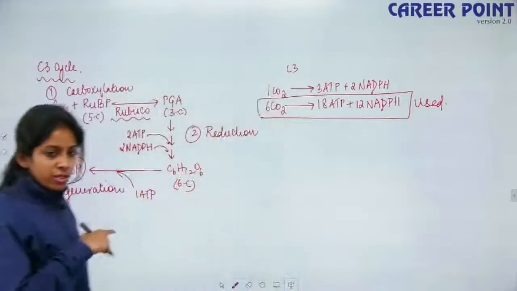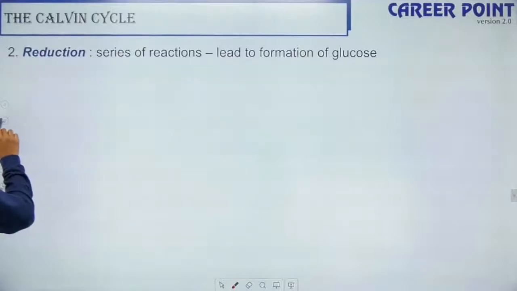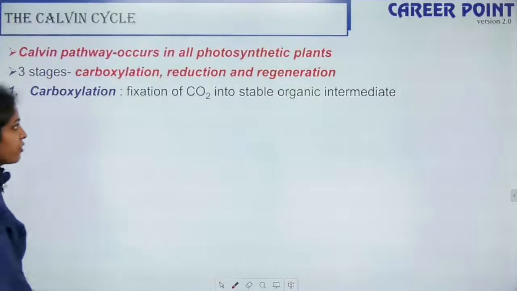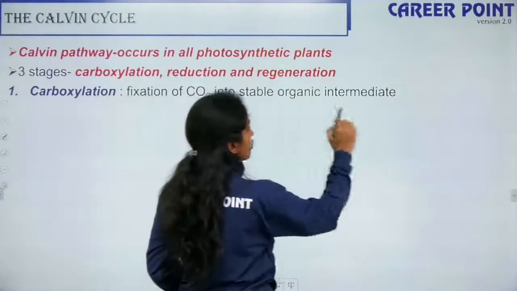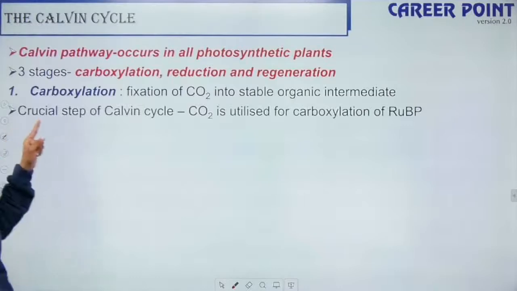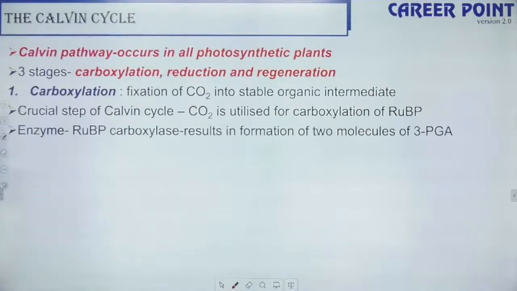Now I will go to the previous slide where a lot of content was written. So step 1 is carboxylation, right? Fixation of carbon dioxide to form the stable organic intermediate. Crucial step of the Calvin cycle because someone is accepting your carbon dioxide, right? The enzyme used is RuBP carboxylase, or you can also say Rubisco.